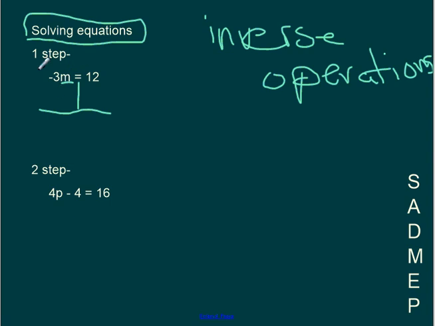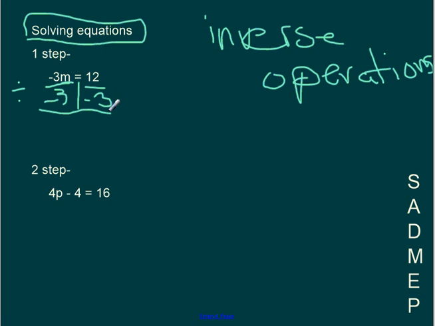So how do I undo that multiplication? Well, I'm just going to divide by that same number. Divide by negative 3. Get in the habit of using this fraction bar symbol for division. It's going to make things a lot easier for you down the road. Instead of using this division sign, do a fraction bar, because we all know that a fraction bar really means the same as division.